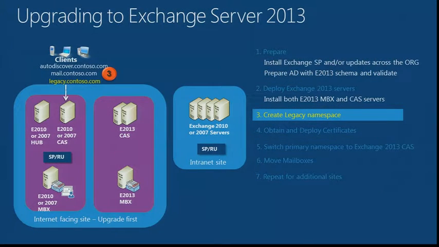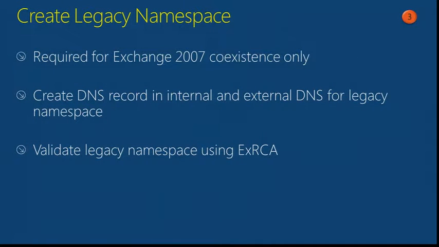So you'll do the legacy namespace, and again, that's required for 2007 coexistence only. That's a big deal, because for those of you who have a small environment, if you can do all the moves over a night or over the weekend, where you can get all your mailboxes off 2007 and get everybody over to 2013 very quickly, then you won't be in a coexistence environment.